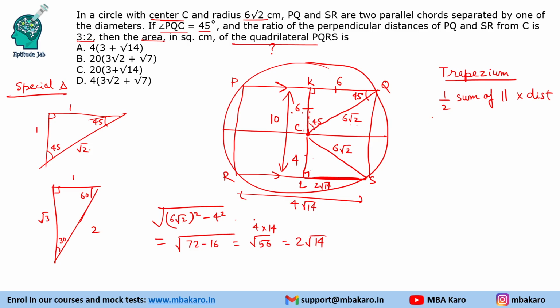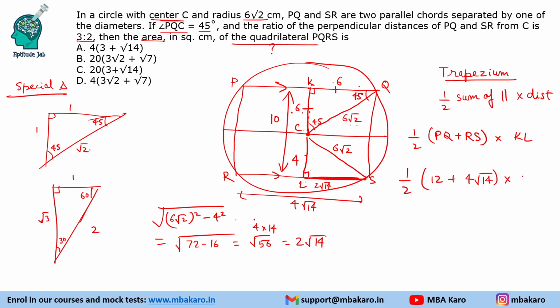So area becomes half sum of parallel sides, half of PQ plus RS, into distance between them. Distance between them is KL. Now this is half. PQ is 12 because K's half part is 6, other part is another 6, plus 4√14, into KL.